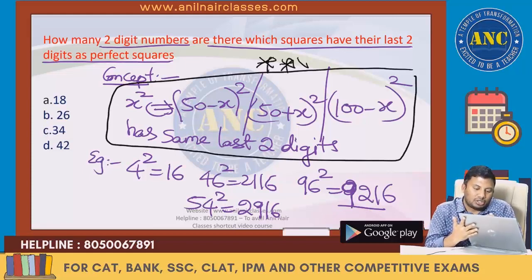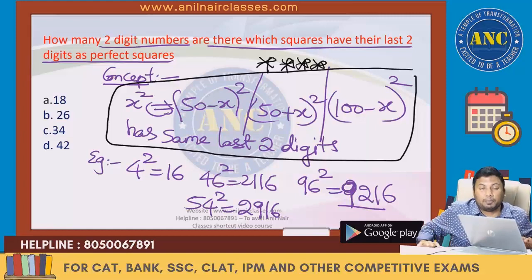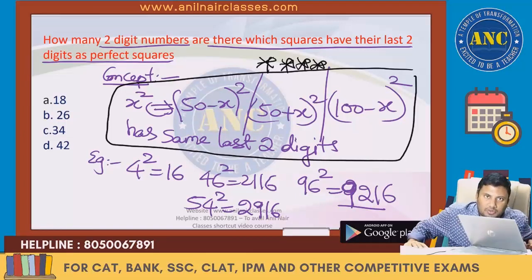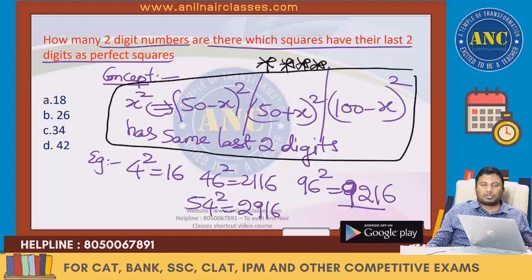In our last 2 digits class, I explained the proof behind it. X square, 50 minus x whole square, 50 plus x whole square, 100 minus x whole square have the same last 2 digits. Idea clear, right?